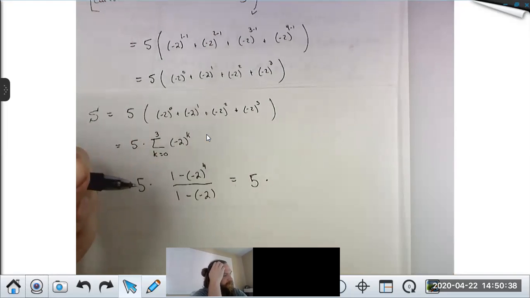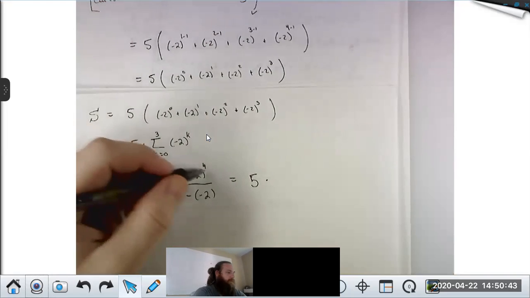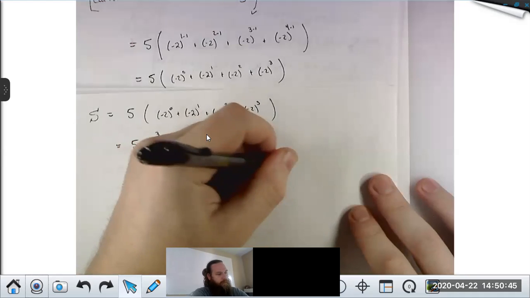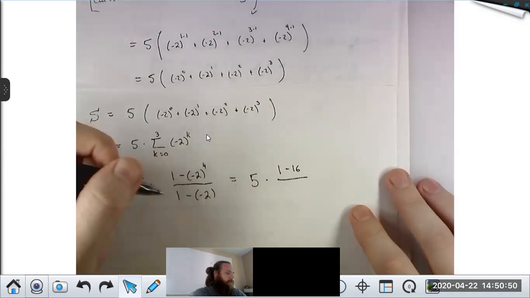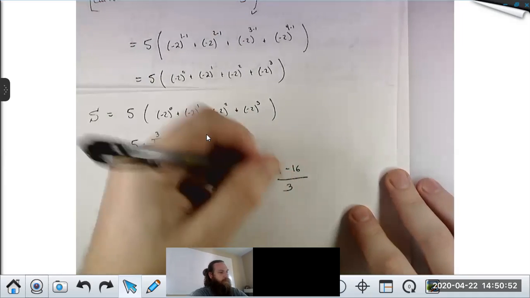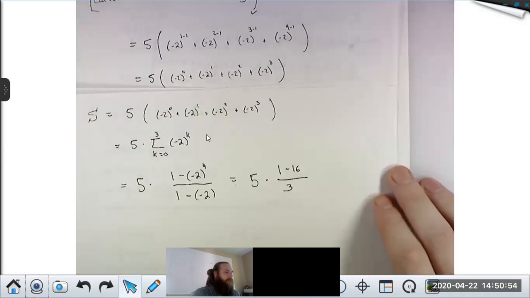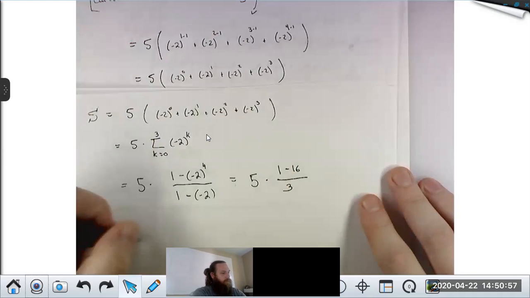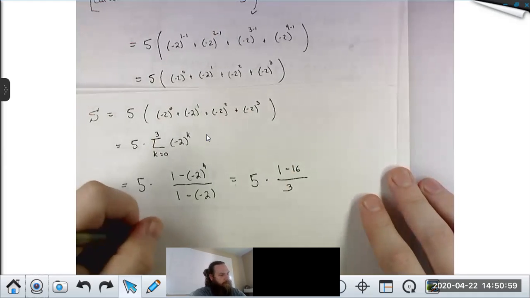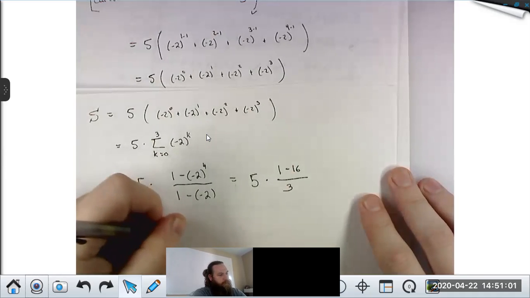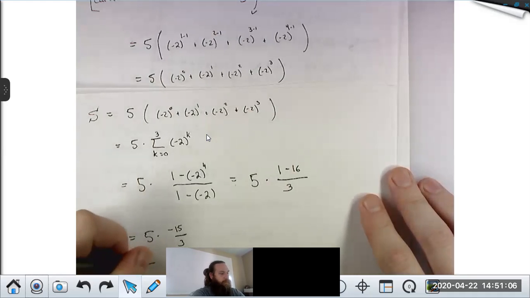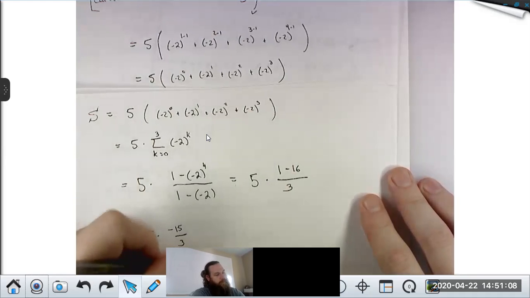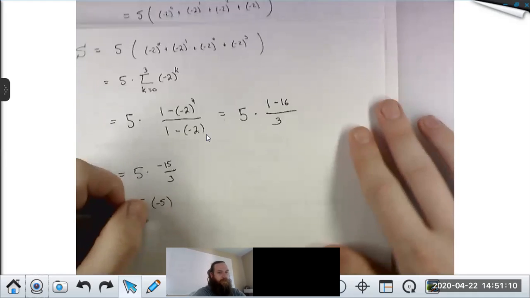What is that? 16, right? So that's 1 minus 16, divided by, down here now, 1 minus negative 2. That's 1 plus 2. That's 3. So altogether, this is 5 times negative 15 over 3, which is 5 times negative 5, which is, again, negative 25.